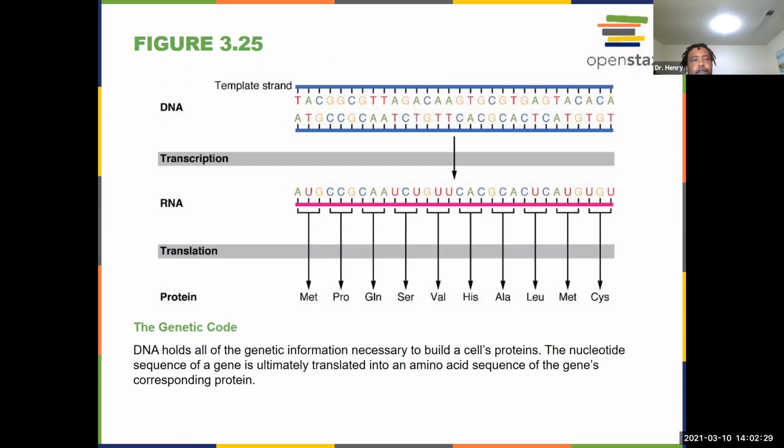When you're making the duplicate of DNA, it's called replication. So from DNA to RNA, transcription. And then your messenger RNA is exported to the outside of the nucleus to the ribosome, and then it's translated into a protein.